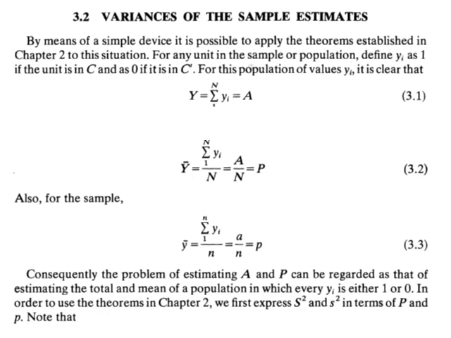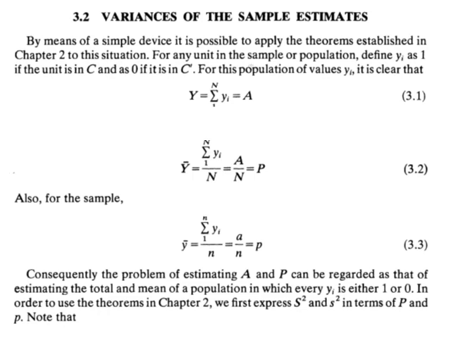For any unit in the sample or population, define y_i as 1 if the unit is in C and 0 otherwise. Then capital Y, the population total, equals the summation of y_i from 1 up to N, which is equal to capital A, and hence Y bar equals the summation of y_i over capital N, which is equal to capital A over capital N, equal to P. Also, for the sample, y bar equals the summation of y_i over small n, which is equal to small a over small n, equal to small p.